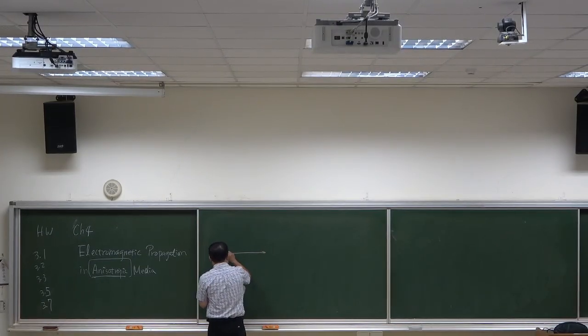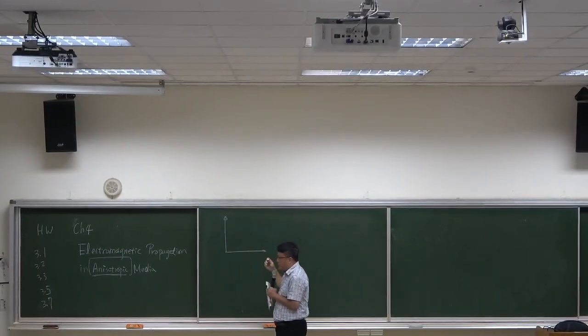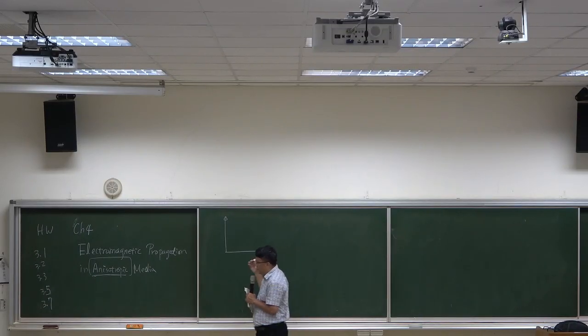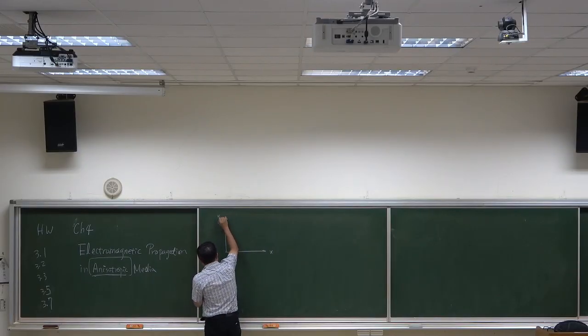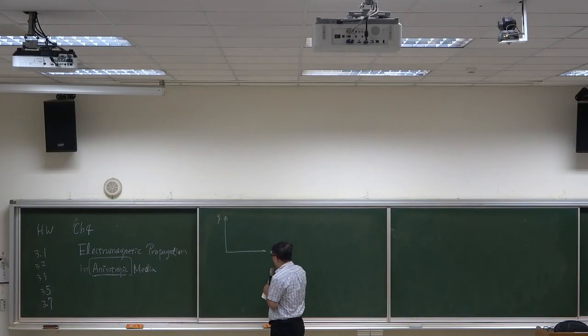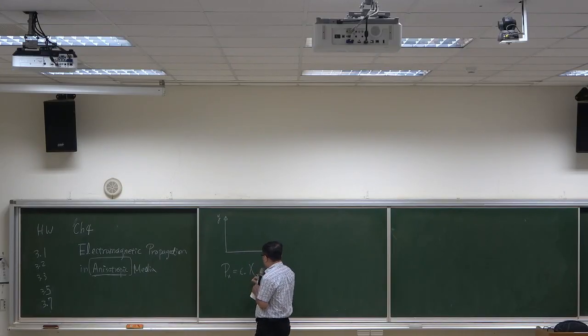Suppose we consider two specific directions where the P vector is proportional to the applied E vector, E field. Okay. Say this direction is X and this direction is Y. When I apply electric field along the X direction, we have Px equal to epsilon 0 chi x times Ex.